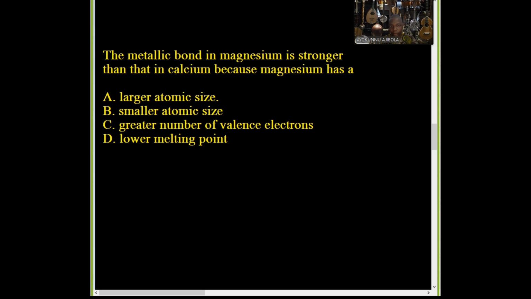The metallic bond in magnesium is stronger than that in calcium because magnesium has a smaller atomic size. Which metallic bond is stronger, between magnesium and calcium?